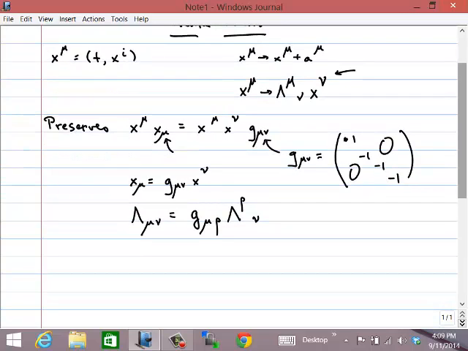And likewise, I could use the inverse of the metric to raise indices. So we could define g with 2 upper indices to be the same matrix. It's just the same as the metric g with 2 lower indices. And then we could use g^μν with 2 upper indices to raise indices.